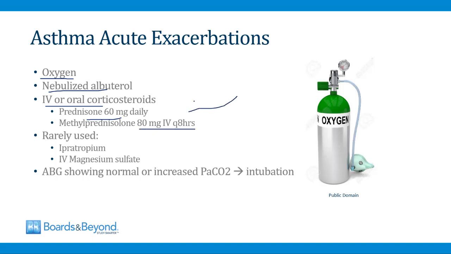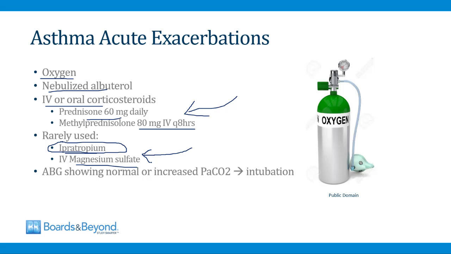These are typical regimens, although there are many others. Some drugs that can be used but are rarely used are ipratropium and IV magnesium sulfate. Ipratropium is a muscarinic antagonist, and it's more commonly used in COPD, but it can rarely be used in acute asthma exacerbations. An intravenous magnesium sulfate also causes bronchodilation, so this can be used in rare cases of asthma exacerbations.